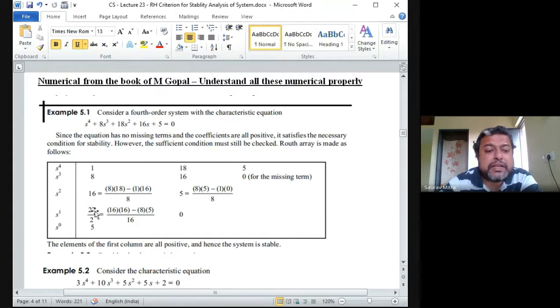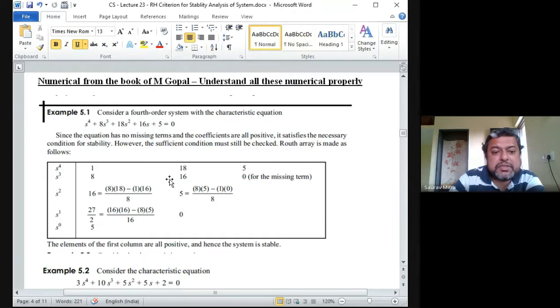Okay, now how to find this s raised to 1? So it is 16 into 16 minus 8 into 5 divided by 16. Likewise, if we calculate it, it is going to be 27 by 2, which means 13.5. So what the value is does not matter, but whether it is positive or negative is of very much importance.